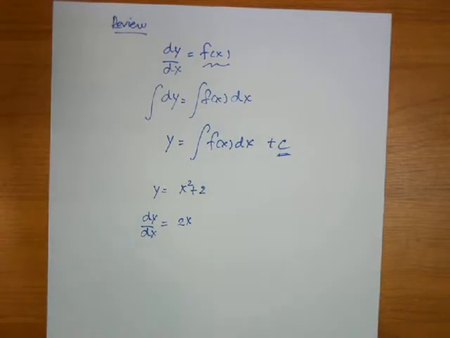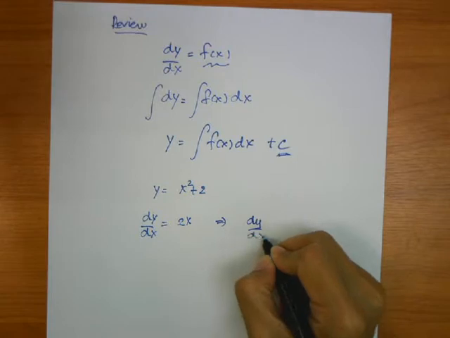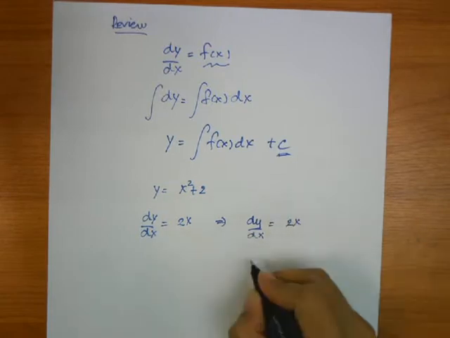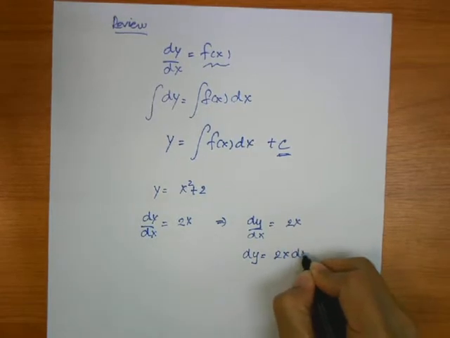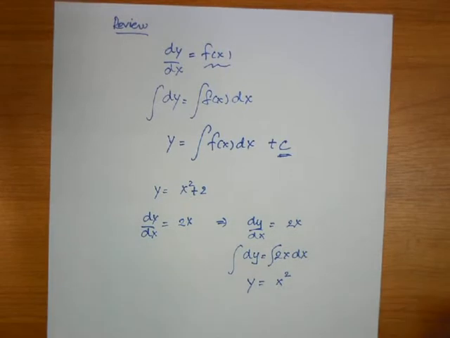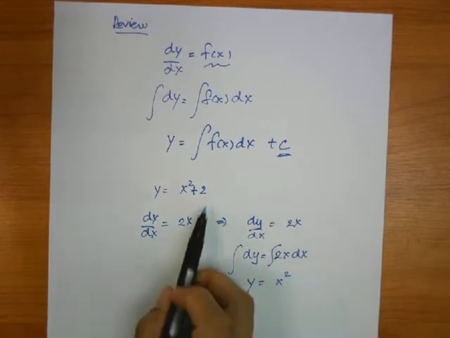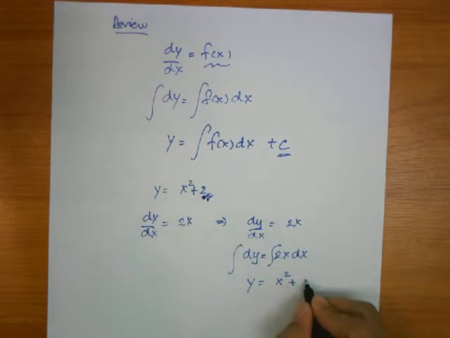But if you want to find y, you do the integral of this term, and you get y equal to x squared. It's not equal to the original y, because you have a constant right there. That's why you have to put the c term here.